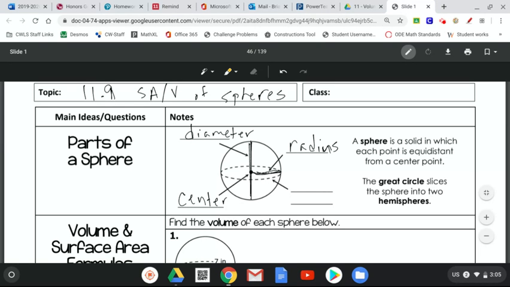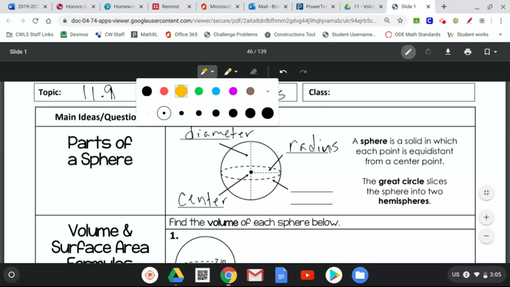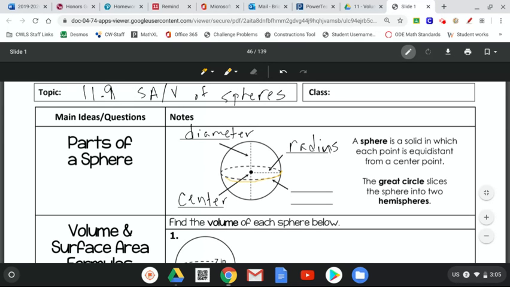The word you probably haven't heard before is the term great circle. The great circle is this dotted line, this circle right here. Basically what the great circle does is it cuts the sphere into what we call two hemispheres.